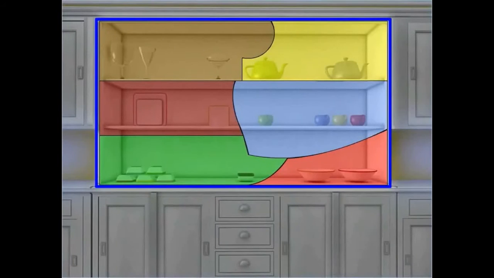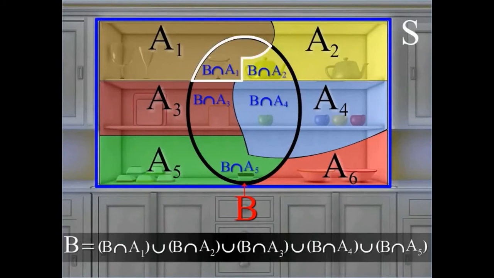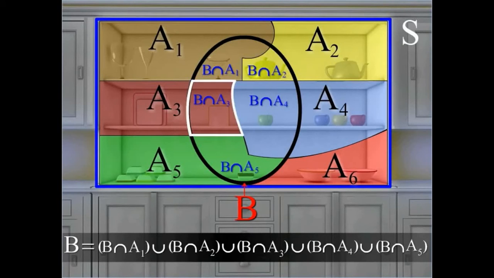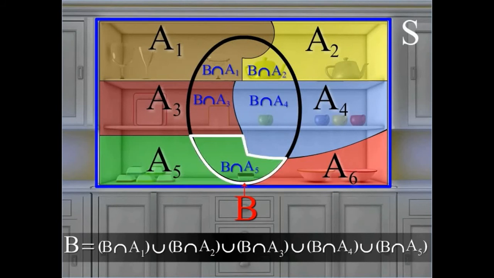Now, the events B intersection A1, B intersection A2, B intersection A3, B intersection A4 and B intersection A5 are mutually exclusive events as they have no outcomes in common.